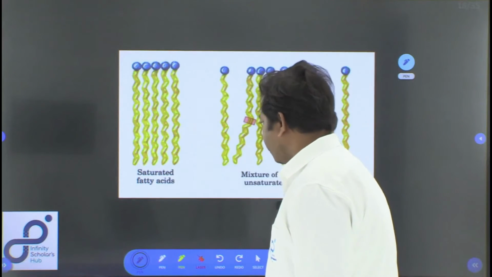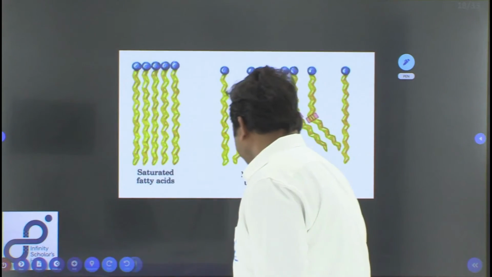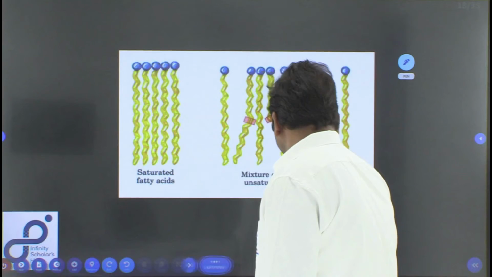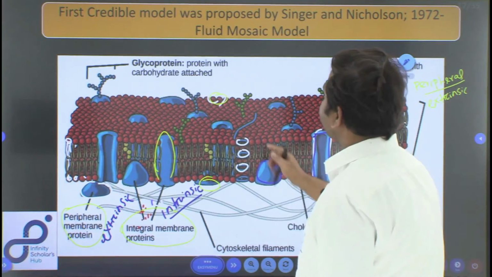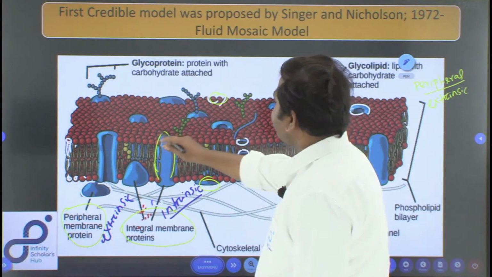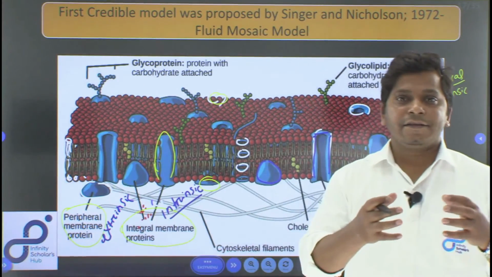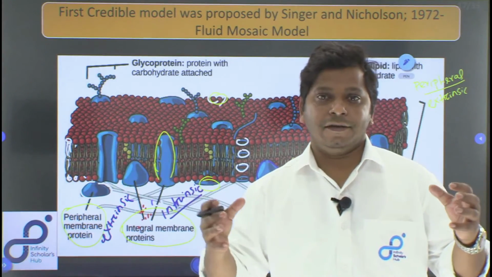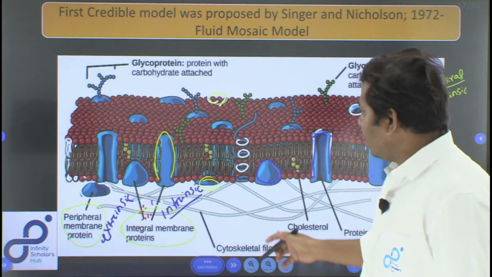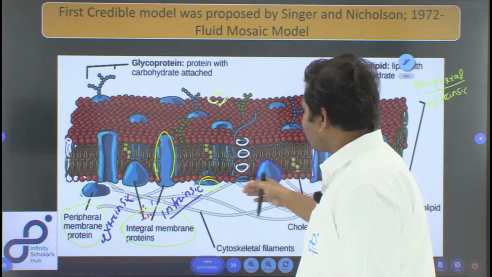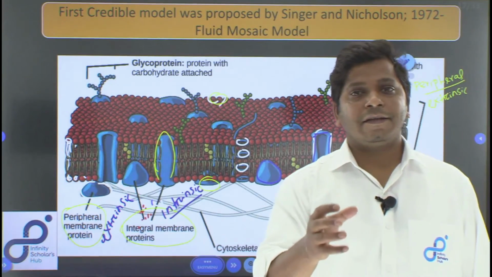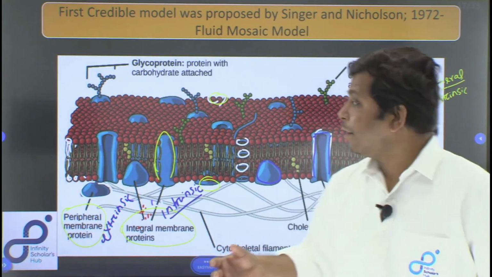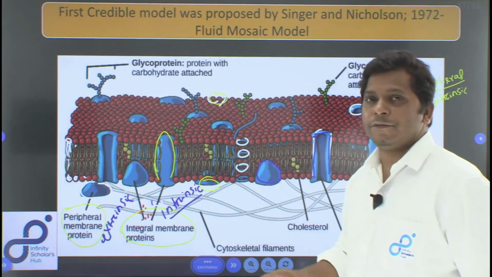Fluid mosaic model means the phospholipids have fluidity in their structure, and onto that fluid-like structure the proteins are dispersed like icebergs or a mosaic. So that is why it is called the fluid mosaic model.